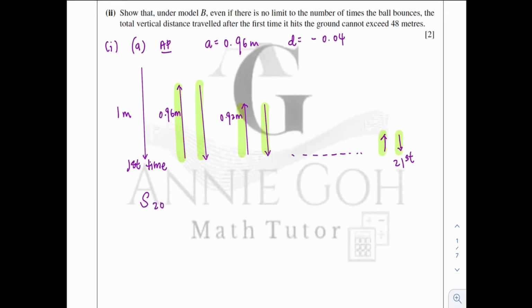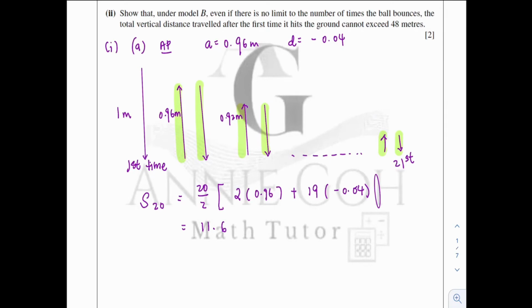So sum of 20. According to the formula, it should be 20 over 2, times 2 times the first term, 0.96, plus n minus 1, which is 19, times the D, negative 0.04. And you will get the answer as 11.6 meter.